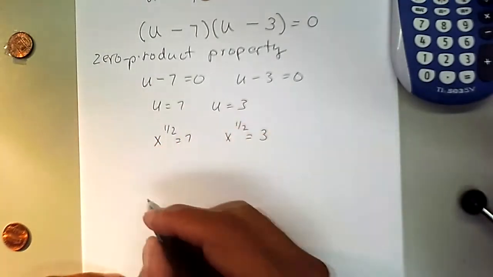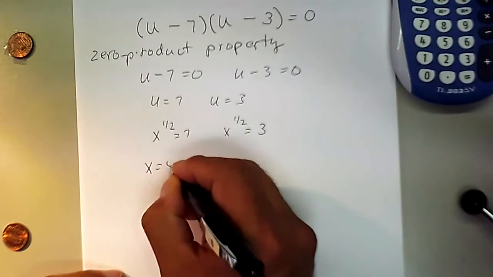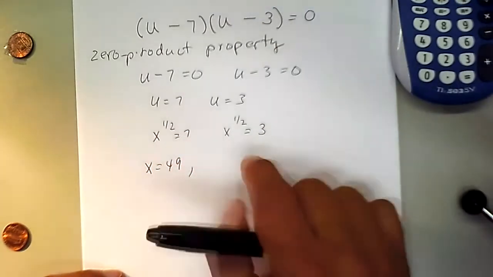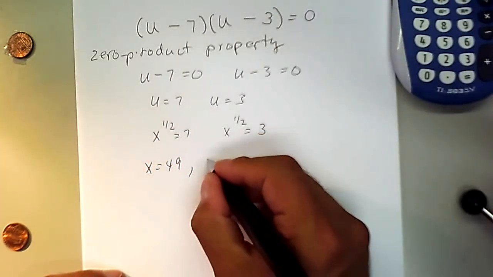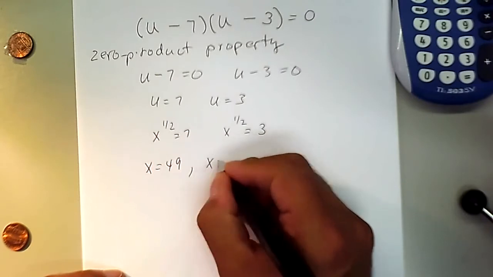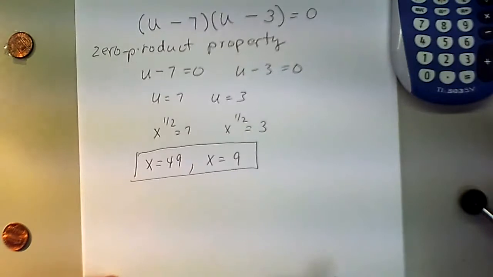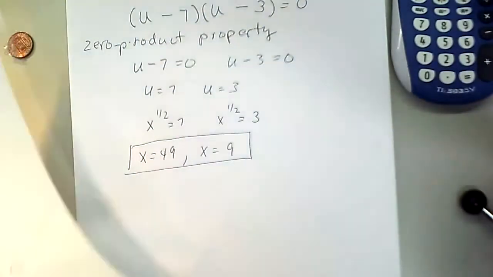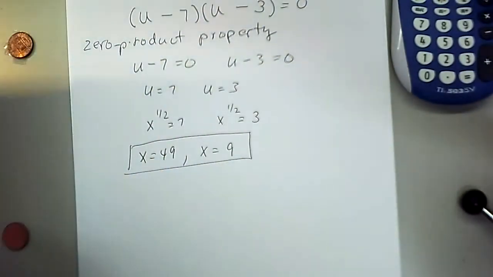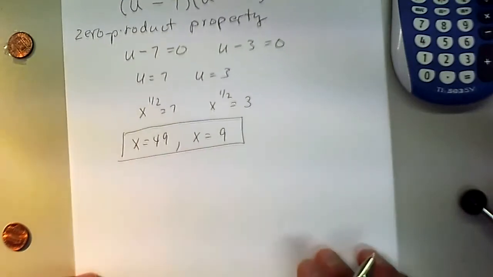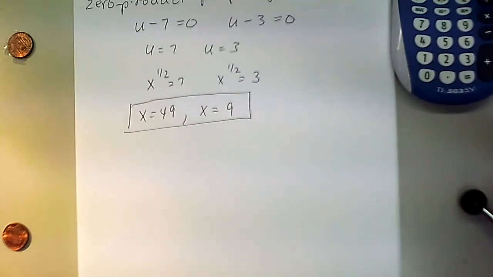Well, that number has to be 49. And the other number has to be 9. So there's our two solutions, 9 and 49. Very tricky. We really want to practice this. This is a skill that we develop by practicing.